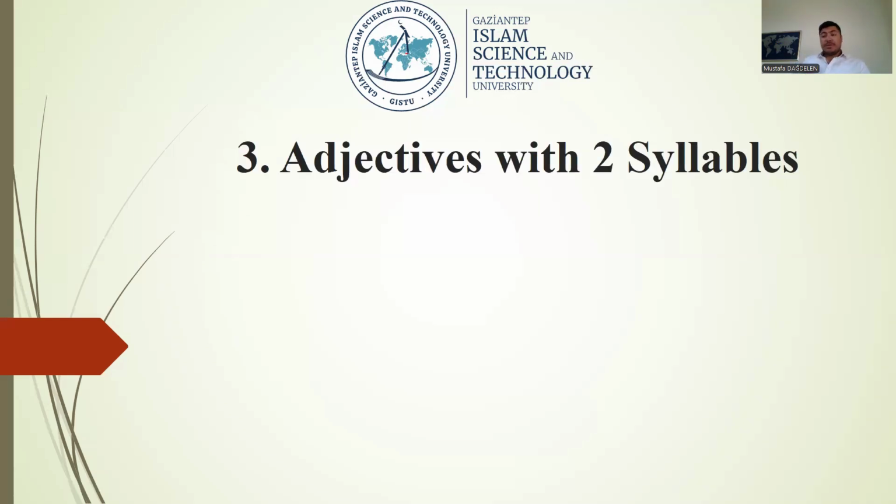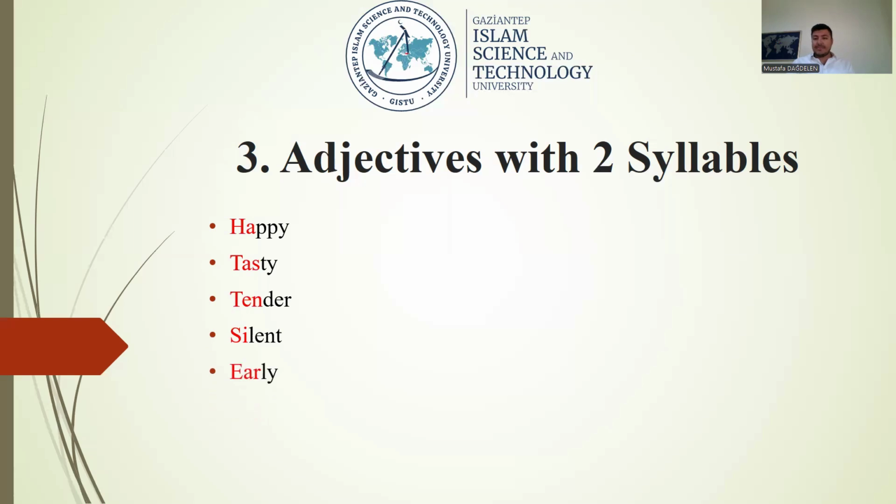Adjectives with two syllables. Again, like nouns, the first syllable is the stressed one here. Happy. Tasty. For the next ones, I'm going to stop, so you can pronounce them first on your own. Tender. So the first one is the stressed. Silent.